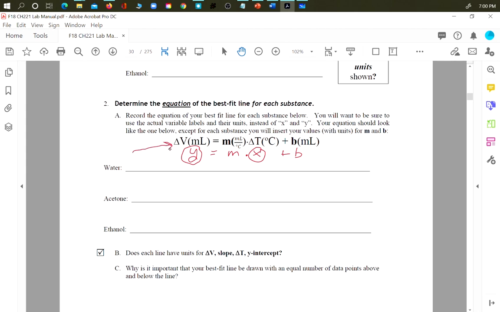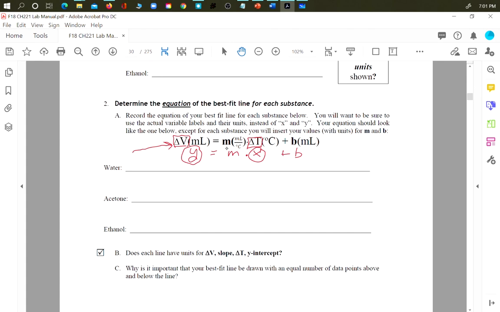So when we write the equation of the line, instead of writing x and y, we are going to write the variable. Another thing that confuses students is do not put numbers in here. This is the general relationship. How is delta V in milliliters related to delta T in degrees Celsius?